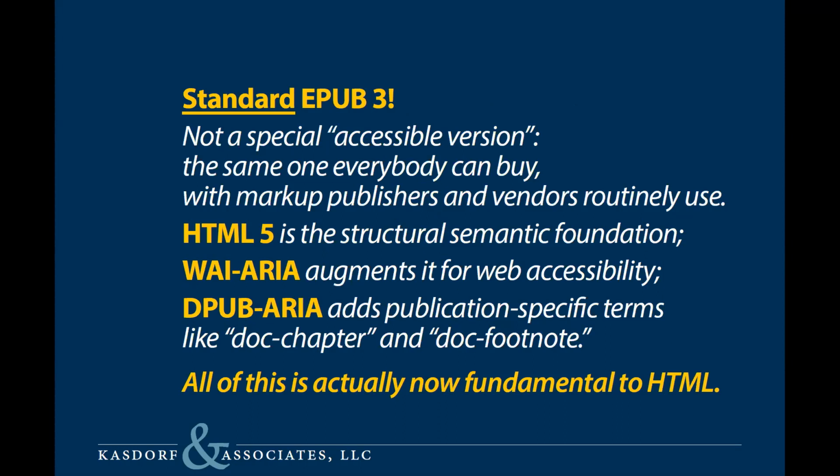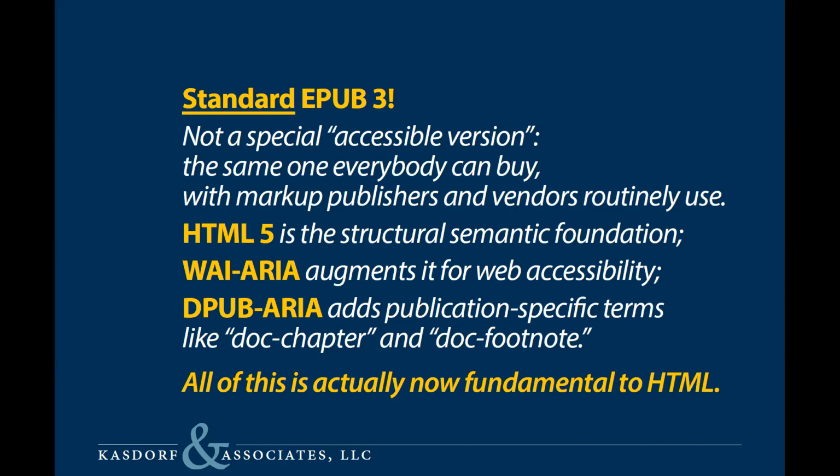Ideally, getting back to the born accessible concept, it's the same one everybody can buy, with markup that publishers and vendors routinely use. The main structural semantics for headings, paragraphs, sections and things like that is HTML5. I mentioned ARIA, which augments it for web accessibility.